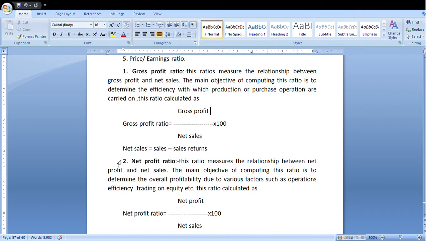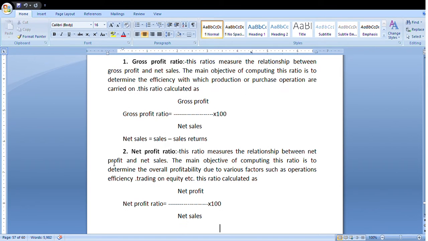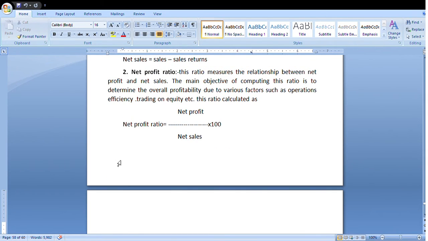Next one is net profit ratio. This ratio measures the relationship between net profit and net sales.